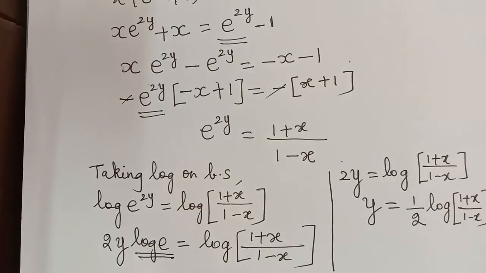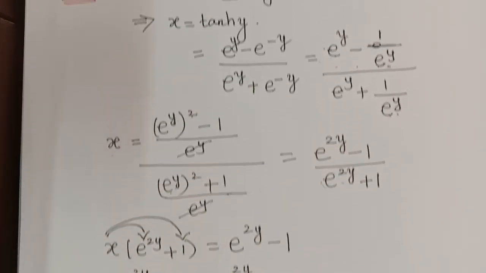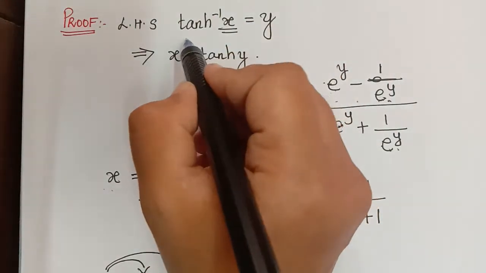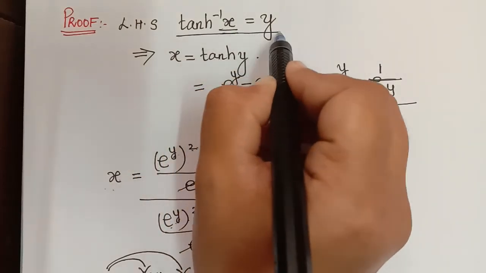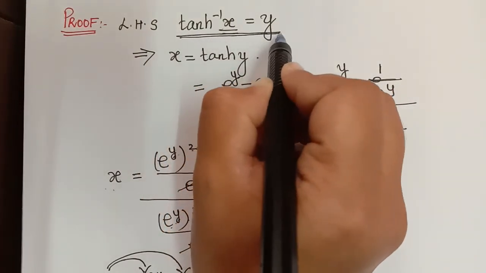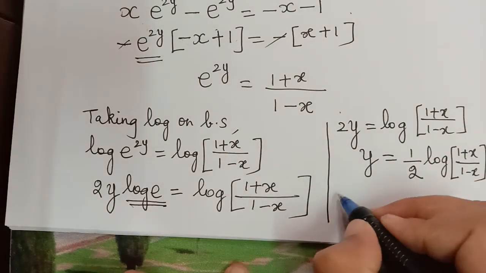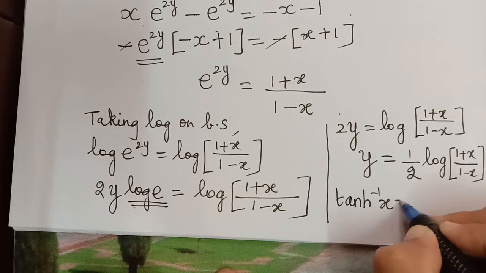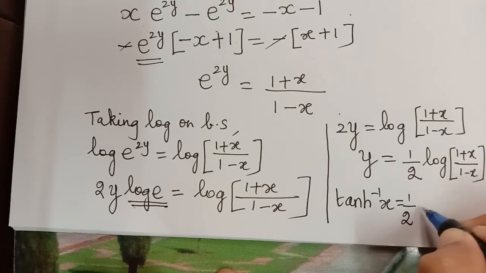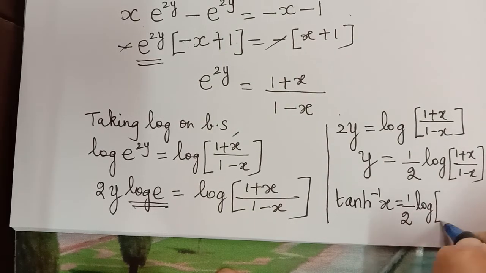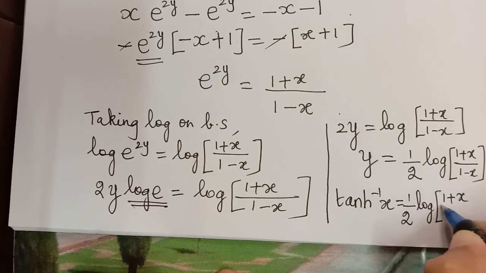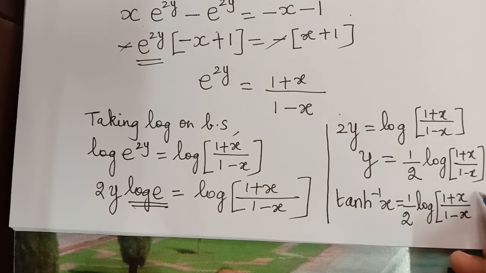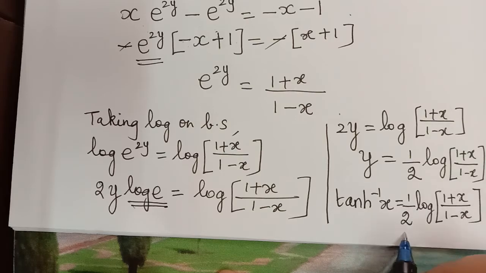But what is y? As per our substitution at the beginning of the problem, we have taken y to be tan h inverse of x. So we shall replace it here. So y, which is tan h inverse of x, is equal to 1 by 2 logarithm of (1 plus x) divided by (1 minus x), which is the required proof.